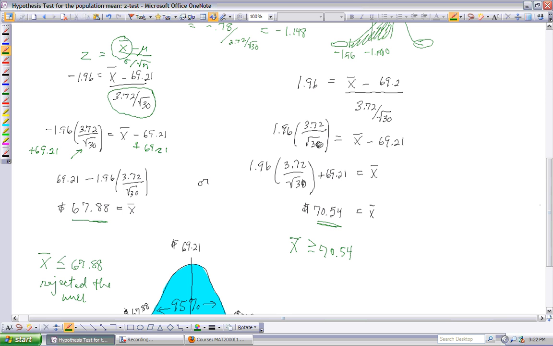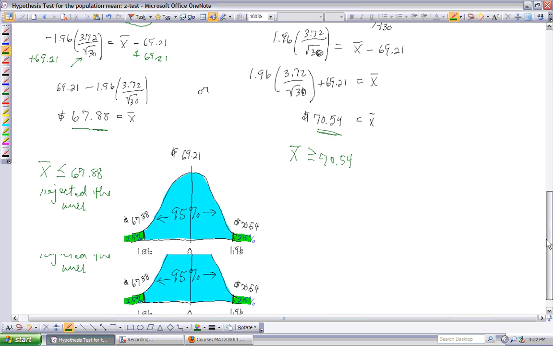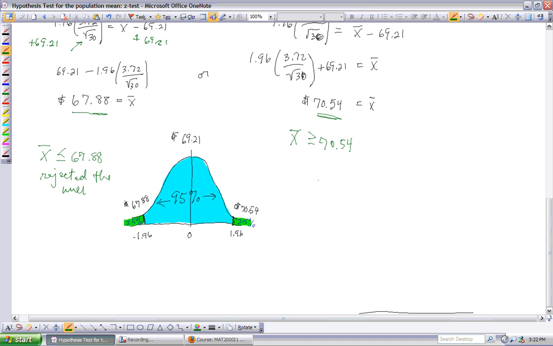Because this is what it basically looks like. Unless this value that we started with ended up over here, we can't be 95% sure that this value is wrong. And we found the borderlines.